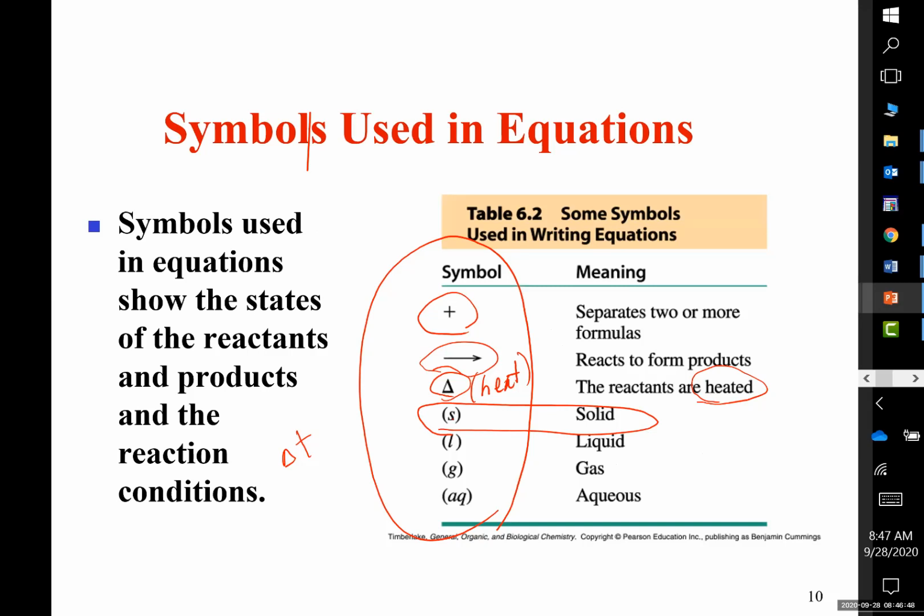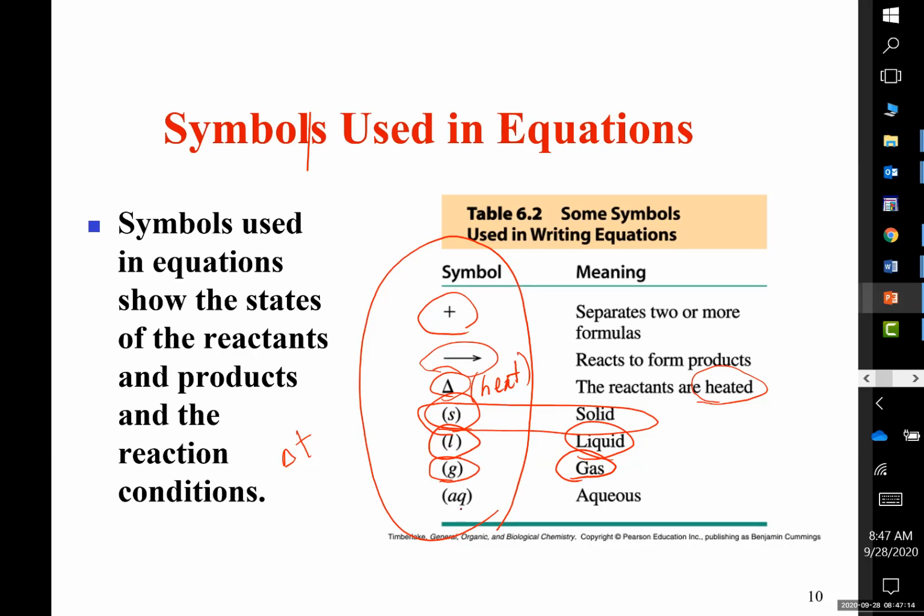Showing the state of reactant helps to understand the chemical equation. So if it is solid, we use S. If you're dealing with liquid, we use L. And if you're dealing with gas, we show G.